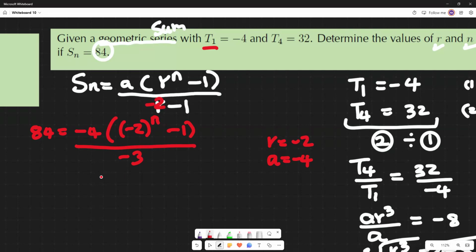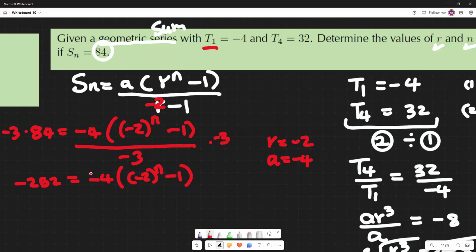So now, to remove the negative 3, since it's dividing, I'm going to multiply by negative 3 both sides. So let's see. Negative 3 times 84. That is negative 252 equals negative 4 in brackets (negative 2)^n minus 1.